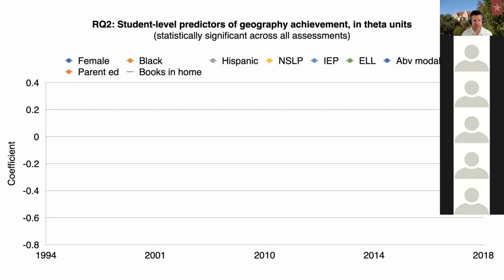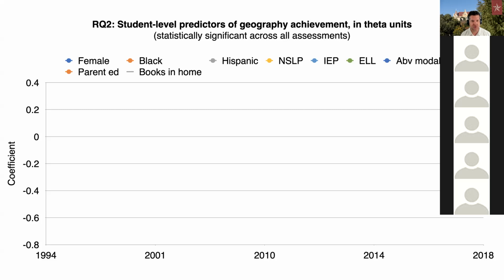So for female, the comparison is male; Black and Hispanic to white; eligible for the National School Lunch Program versus not eligible; students classified with learning disabilities on an IEP, or individualized education plan, versus those not classified as IEP students; English language learners versus those not classified as English language learners; above modal age at the 8th grade.